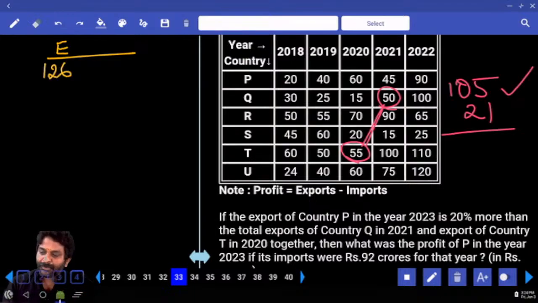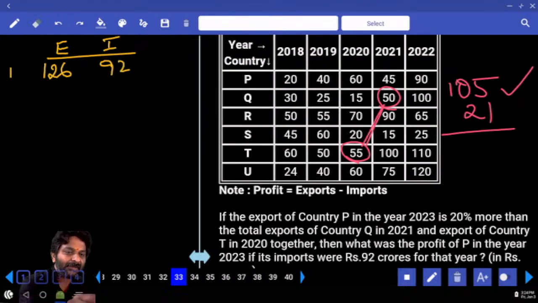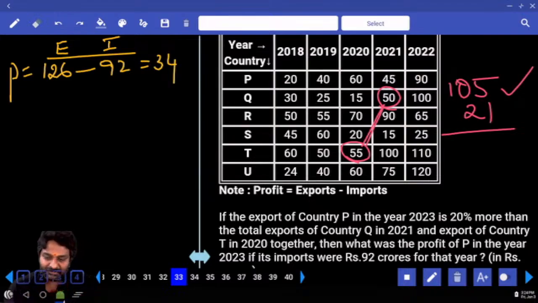Then what was the profit of P in that year 2023? If its imports were 92 crores and profit is equal to the difference between export and import, they said, which is equal to 34.